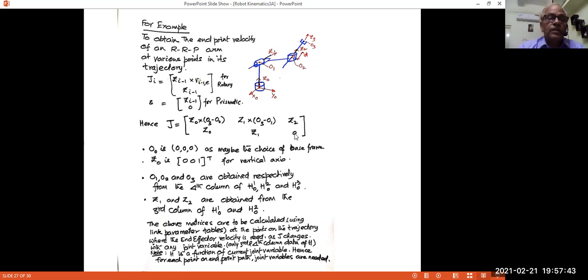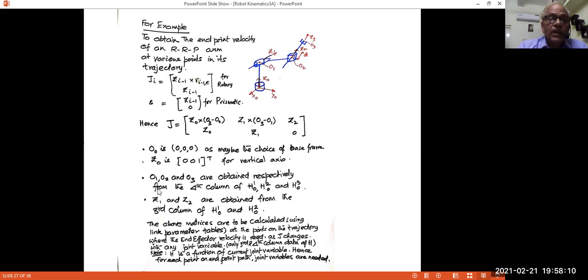Of this, O0, by our choice, we'll make it the reference coordinate frame, so O0 will be 0, 0, 0, and Z0 is a vertical line, along the unit K direction, so it will be 0, 0, 1 for the vertical axis.